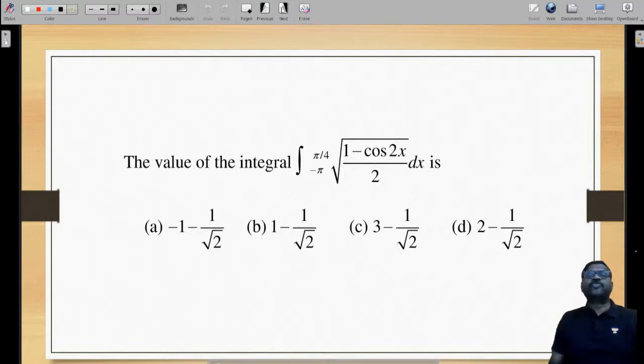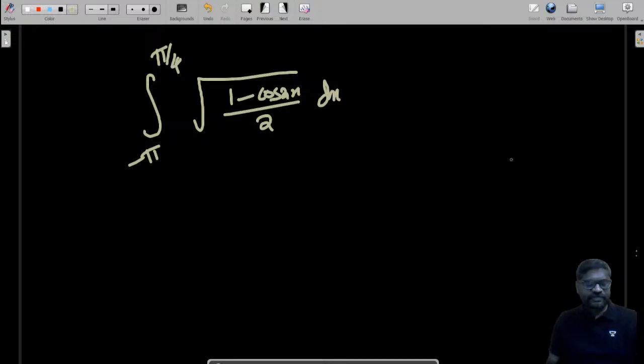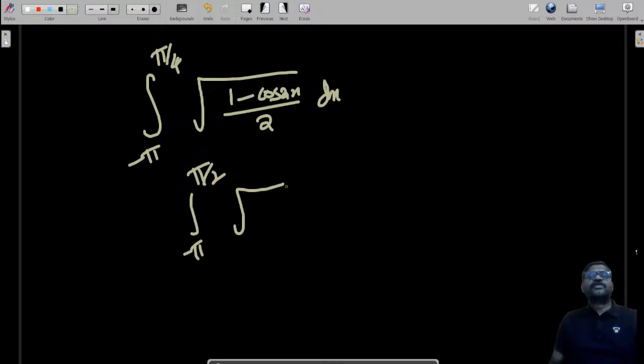Next problem, integral minus pi to pi by 4 square root of 1 minus cos 2x by 2 dx. Square root of 1 minus cos 2x by 2 is square root of sin square x dx.